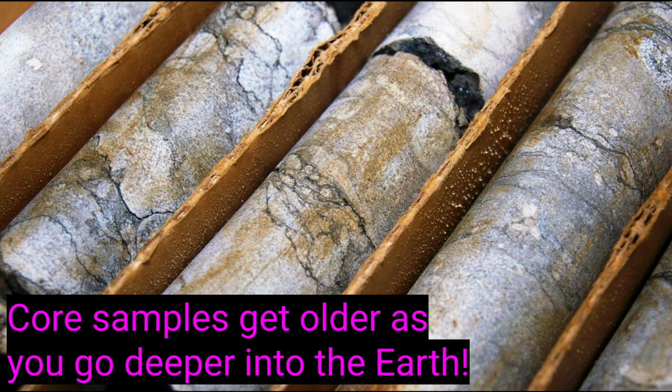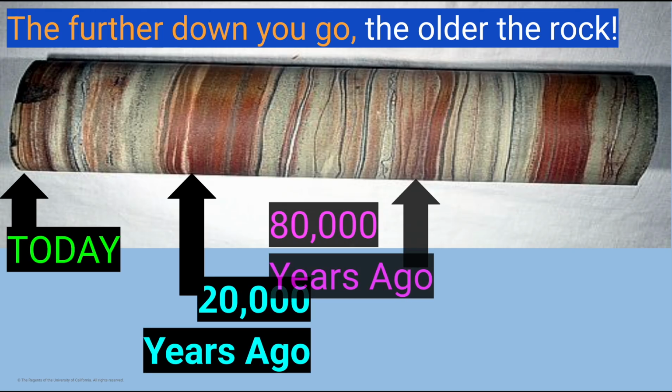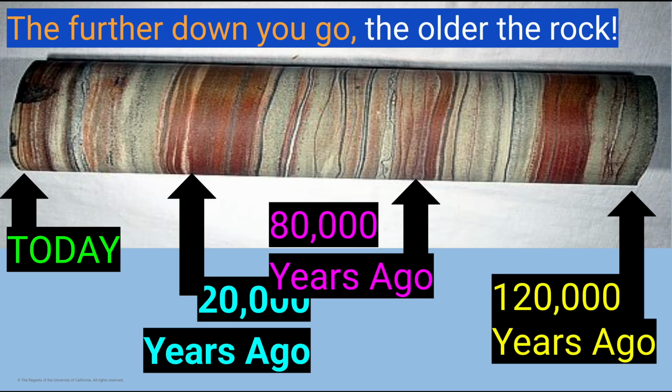So if you dig down and remove a core sample, you're going to get older and older and older the further down you go. So if you want to study the Earth 100,000 years ago or a million years ago, you have to go down to that depth, dig up that core sample, and then the deeper you go, the older information you can get. Kind of cool.